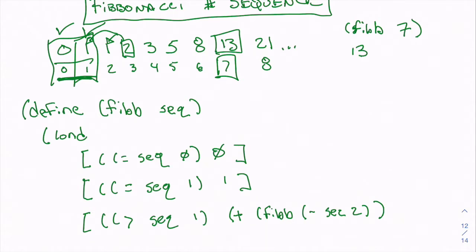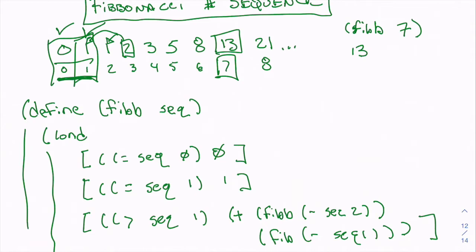Minus sequence 2, and we're going to add to that the fib of sequence minus 1. Okay, so that takes care of our cond statement.